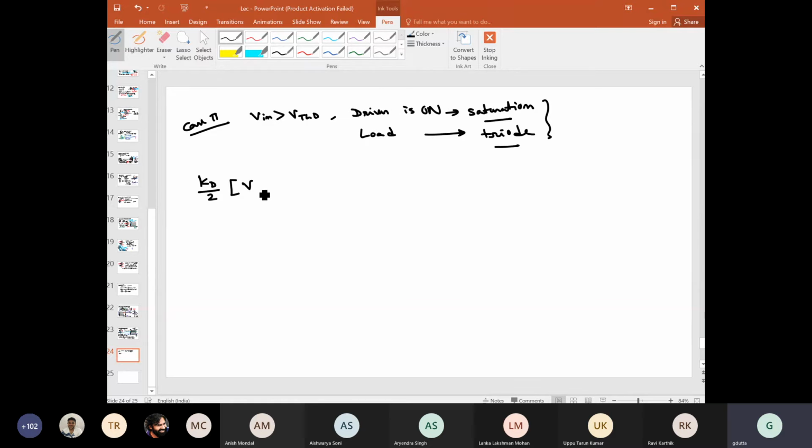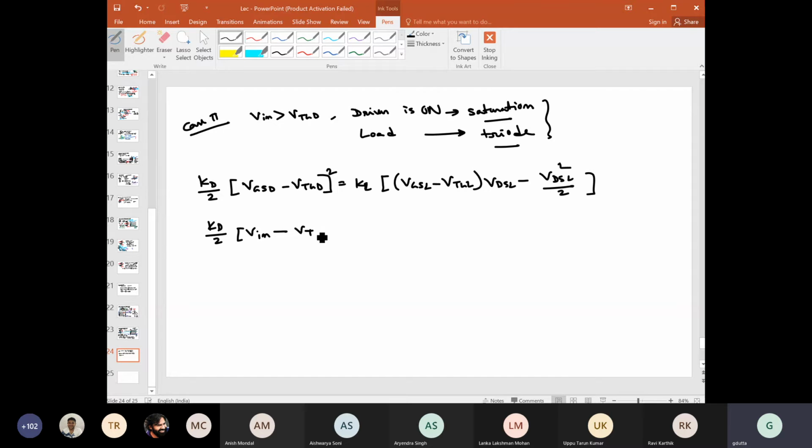This is for this driver, so (VGSD minus VTHD) squared equals KL into (VGSL minus VTHL) into VDSL minus VDSL squared by 2, right? Now if you want to substitute, VGSD is basically nothing but Vin, and this is VTHD, that is squared. The VGSL is always 0, so it is minus VTHL into this VDSL.